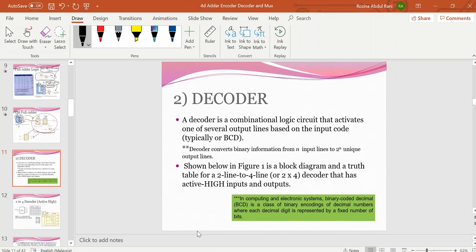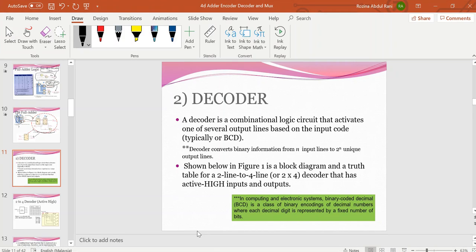Means the input has fewer bits, compared to the output which has more, for a decoder. Each input code word produces a different output code word. For example, normally we have a binary decoder.